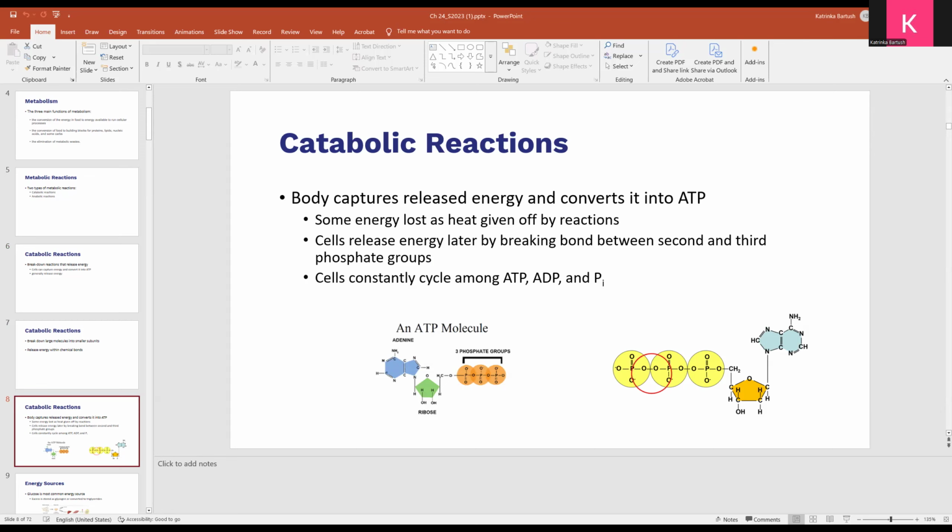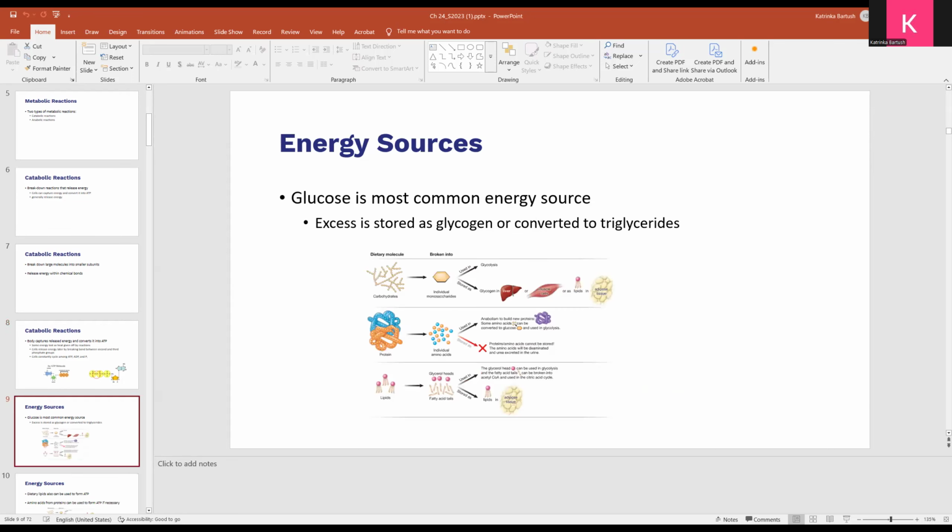So ATP, as a reminder, is adenosine triphosphate, meaning that there are three phosphate groups on this molecule. And you can see that in the image really clearly in the first one, kind of on your left there with the orange circles. When we break one of those bonds, we release a phosphate group, and what's left over is ADP, adenosine diphosphate. And again, we continually recycle these molecules as needed.